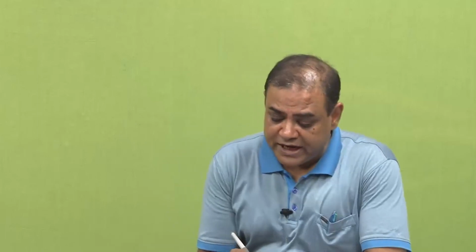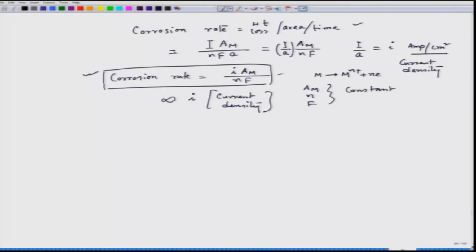So, we can convert this expression into the depth penetrated per unit time by simply dividing this corrosion rate by the density of that particular metal.